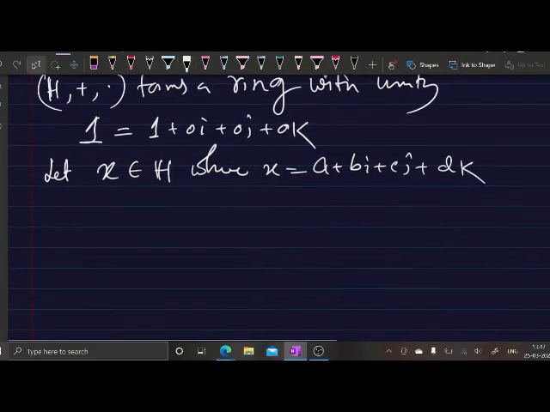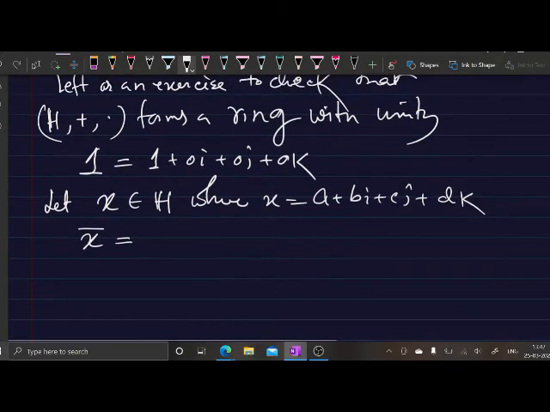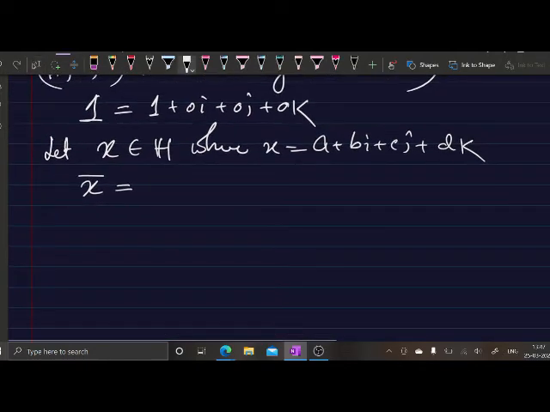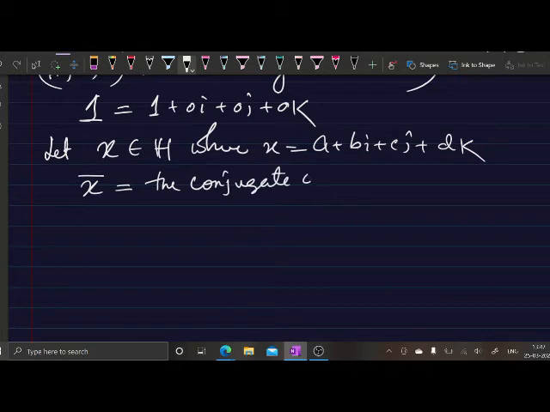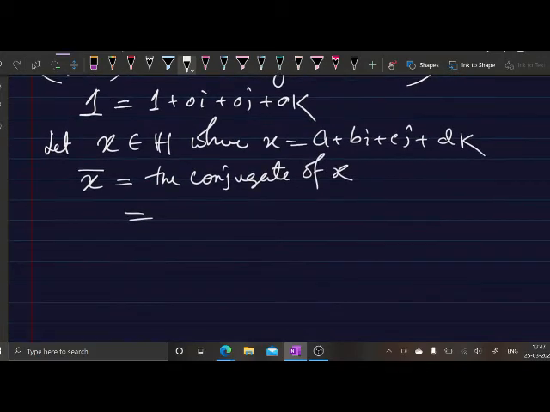Now with respect to this H, you can define again, as you have done in the complex numbers, the conjugate of x, and the definition is a minus bi minus cj minus dk.